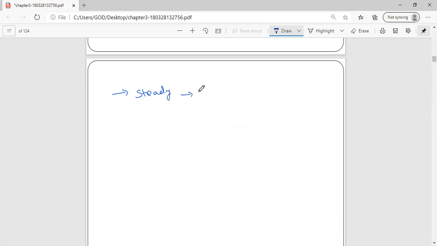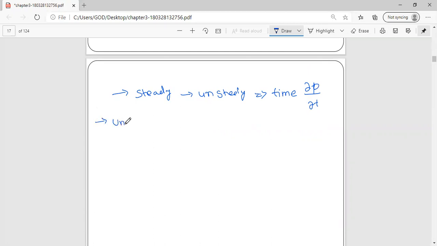When steady flow is there, unsteady flow is also there. I hope you understood, it is dealing with reference to time. Change of pressure with reference to time is not there. It is constant, zero. Then we call it steady. If it is not zero, then unsteady.